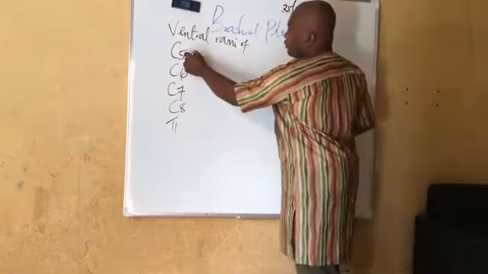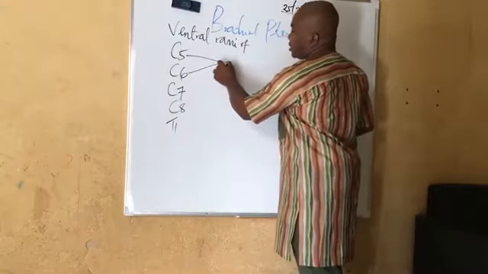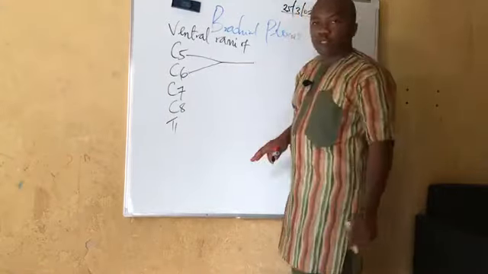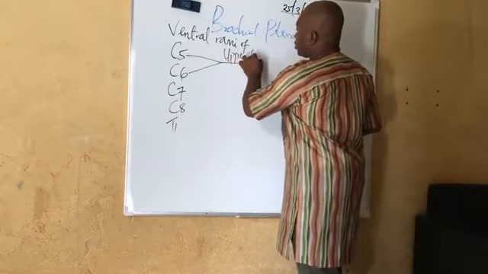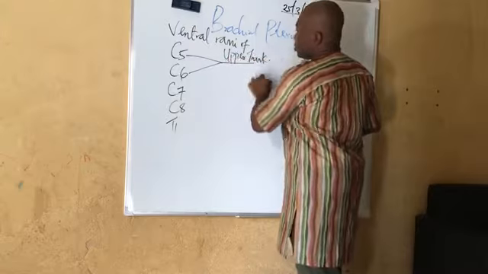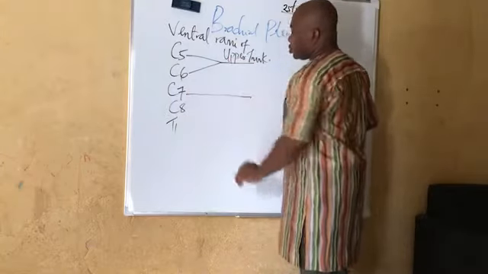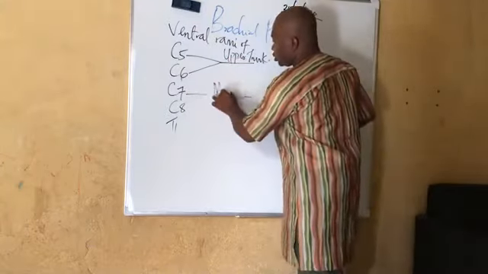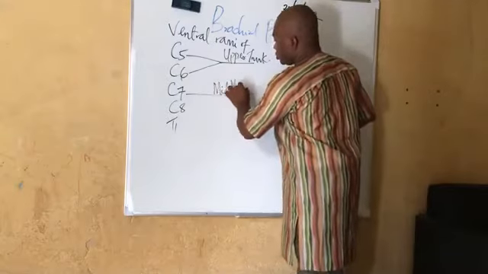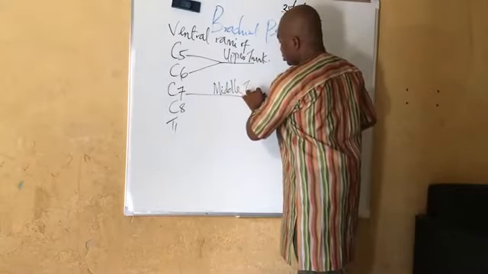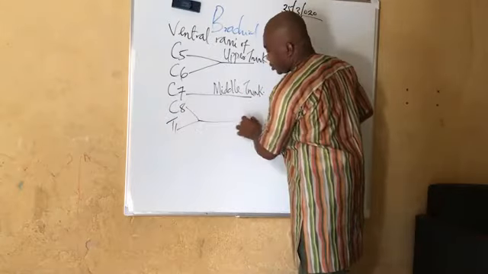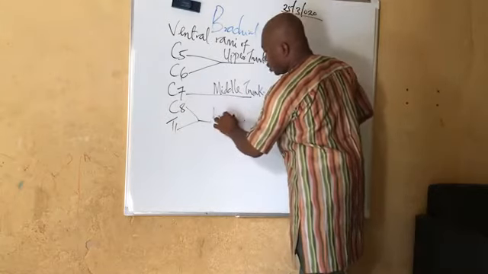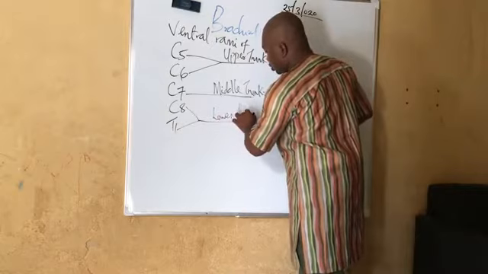C5 will combine with C6 to give us what we call the upper trunk. C7 will form what is called the middle trunk, while C8 and T1 will combine to give us the lower trunk.